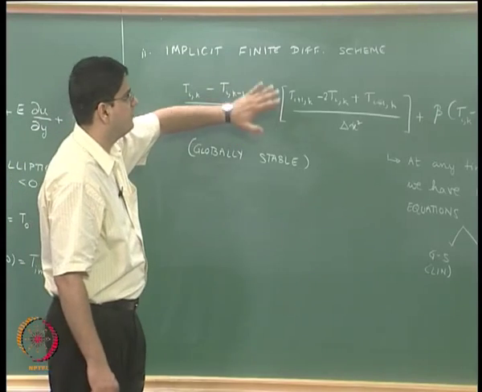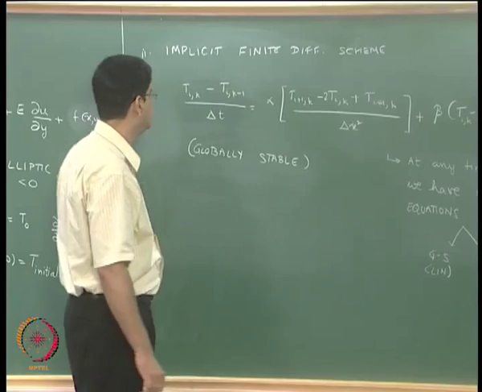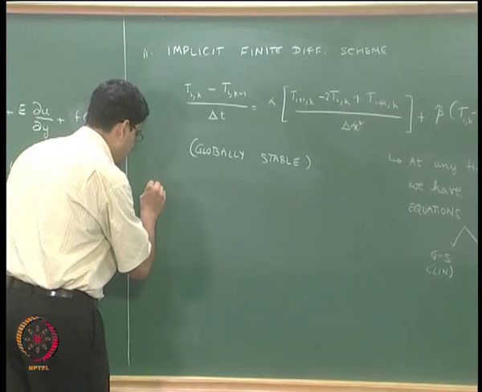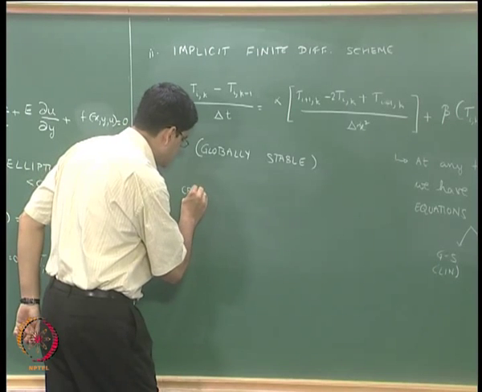So we have this forward in time central in space, and we have backward in time central in space, and the third and final method that we are going to talk about is what is known as the Crank-Nicolson method.